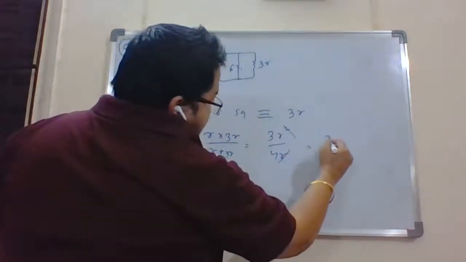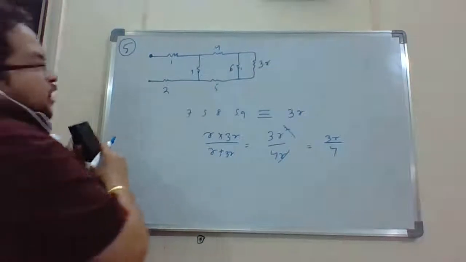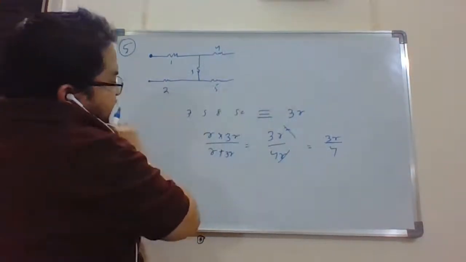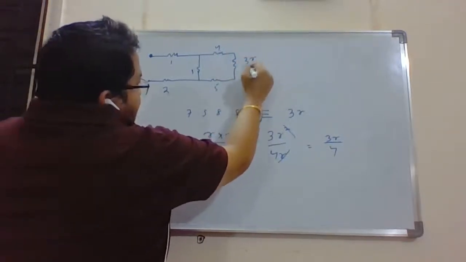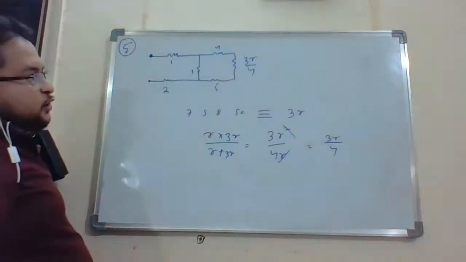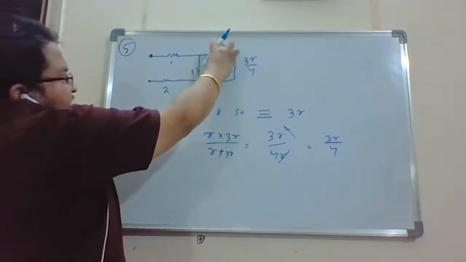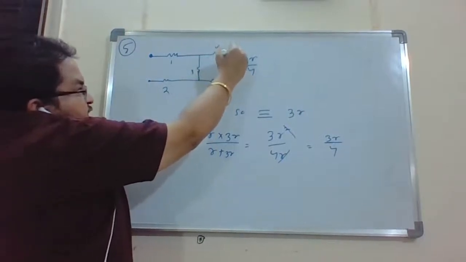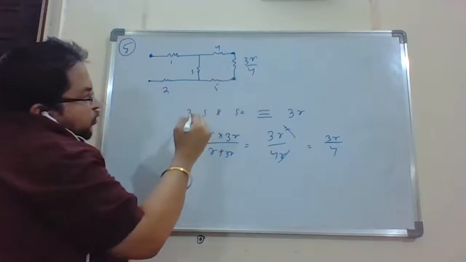So this is nothing but 3R by 4. Okay. Now, if these two are parallel, I will remove these and put a 3R by 4 ohm resistor here. So now, this 3R by 4 ohm resistor and this R and this R. So 4 is in series with this 3R by 4, and 5 is in series with this 3R by 4.